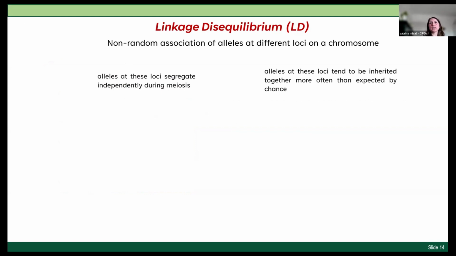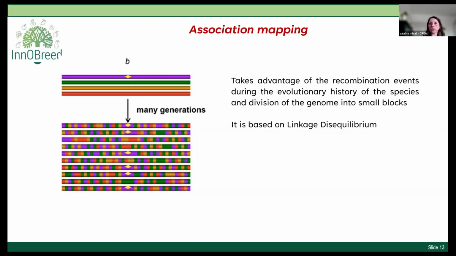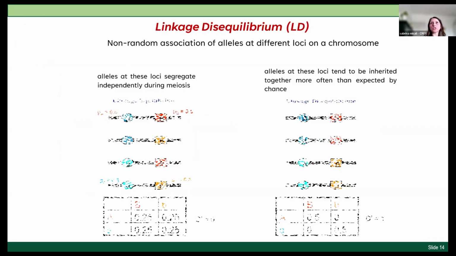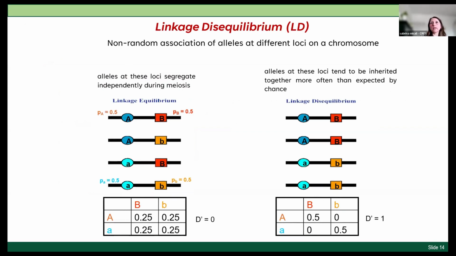This is based on linkage. Association mapping is based on linkage disequilibrium. Linkage disequilibrium is the non-random association of alleles at different loci on a chromosome.